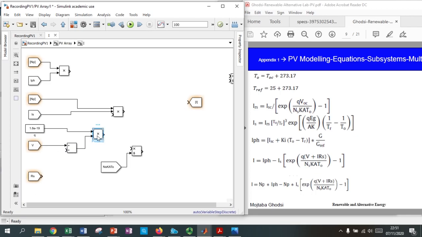Then again we need one I, which is going through the IRS. The output of this one, IRS plus V, and it goes multiplied to Q, both multiplied to Q. Then they are dividing by NS.